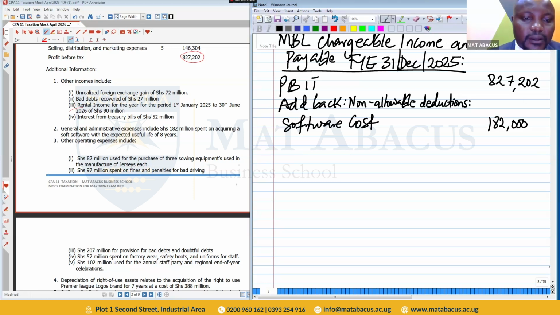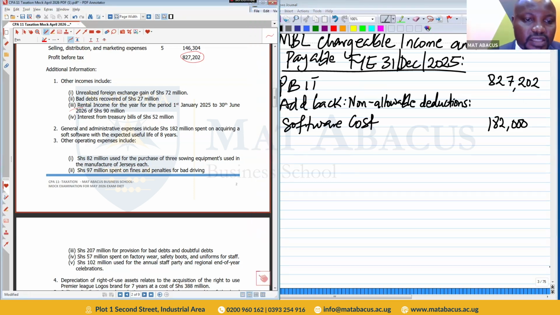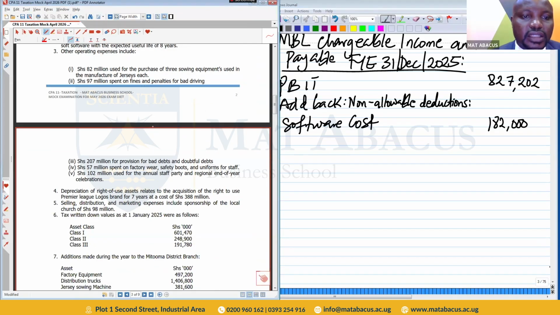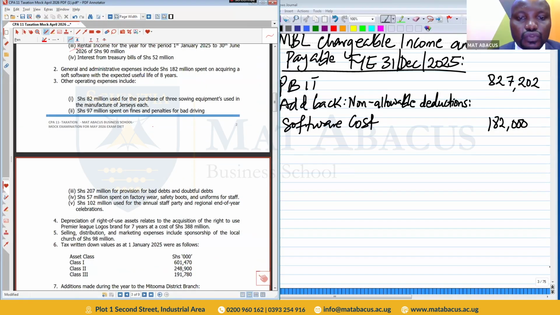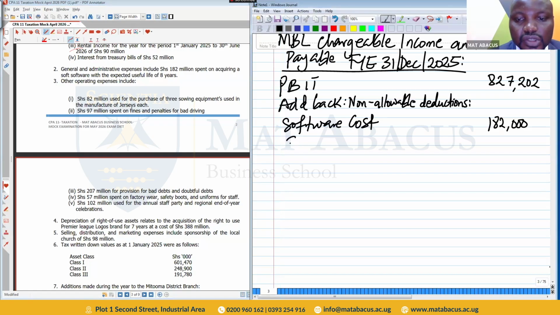Other operating expenses, note 3, include 82 million used for purchase of sewing equipments used in manufacture of jerseys. So these sewing equipments are capex, capital expenditures.